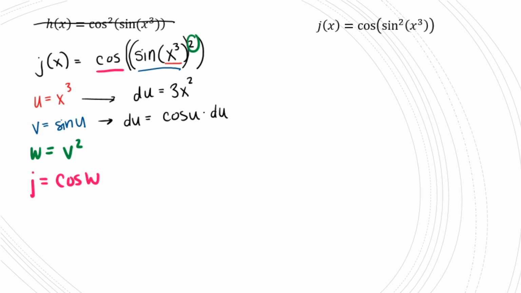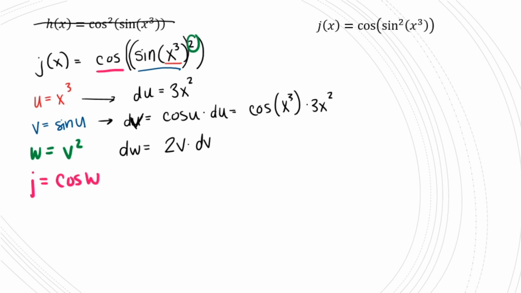And I'm going to replace those with the x's, cosine x cubed multiplied by 3x squared. I'll leave it out of order for now because I know I'm just building on, and I should make this look more like a v. That's dv. Next, I'm going to go up to w dw. If w is v squared, dw is 2v dv.